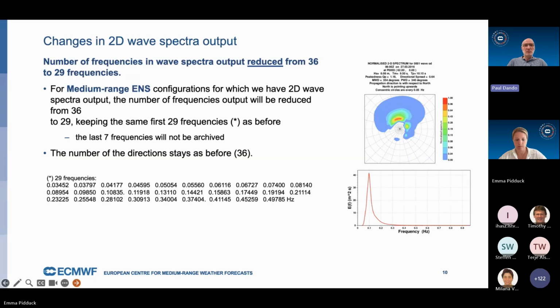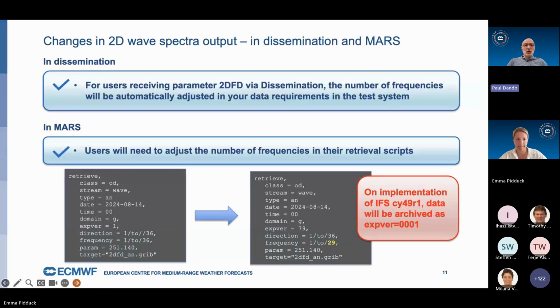If you move to the next slide, please, Emma. If you get the data in dissemination, we will automatically adjust the frequencies in your data requirements in the test dissemination system. Emma is going to talk about the test dissemination system in more detail later.